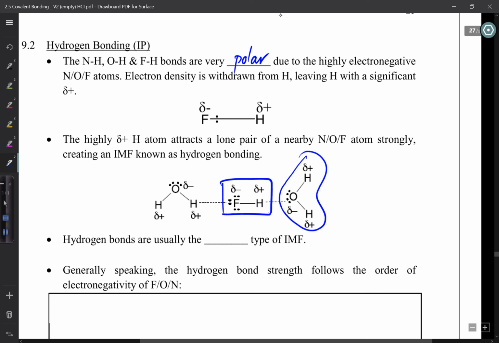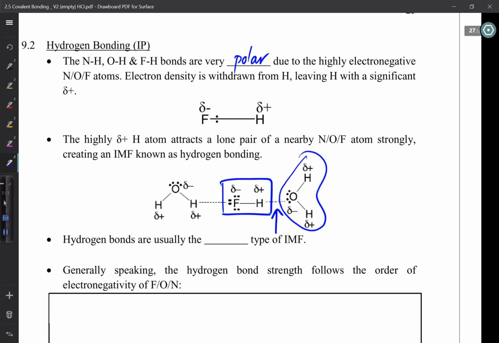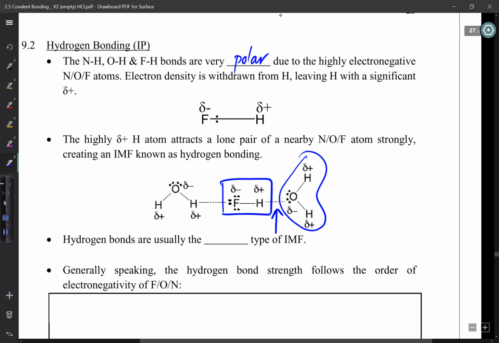So hydrogen bond is defined as the interaction between H on F, O, or N and a lone pair on F, O, or N. In layman's terms, this is the definition of hydrogen bond.